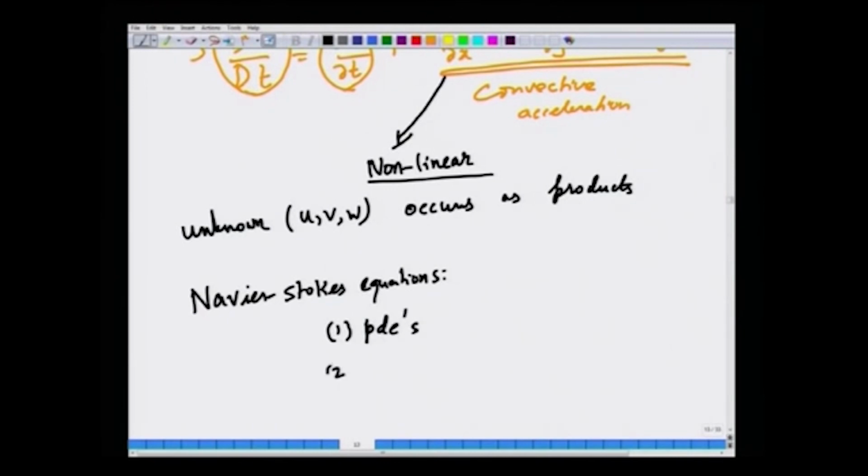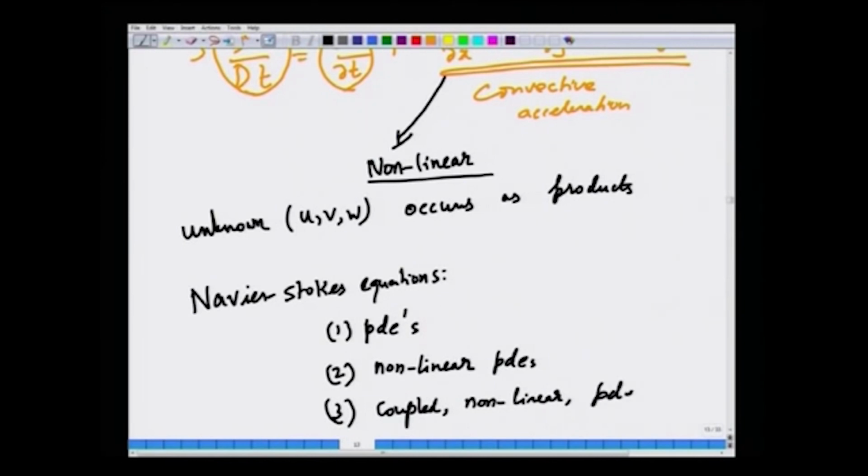They are non-linear partial differential equations because of the convected acceleration, and they are also coupled because one equation is not independent of the other, they are linked by the convected acceleration term. So, they are coupled non-linear PDEs.